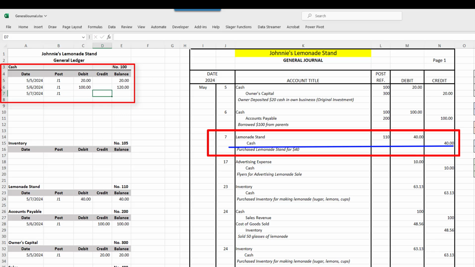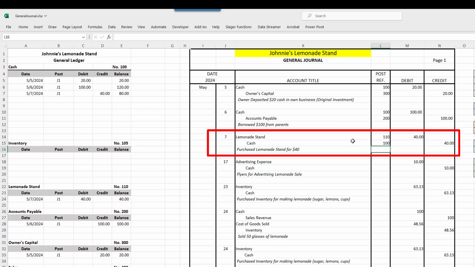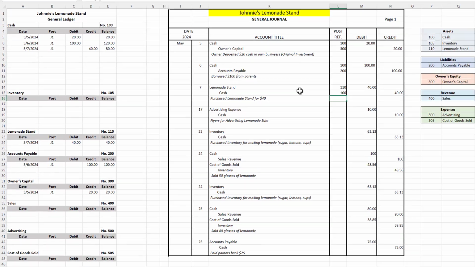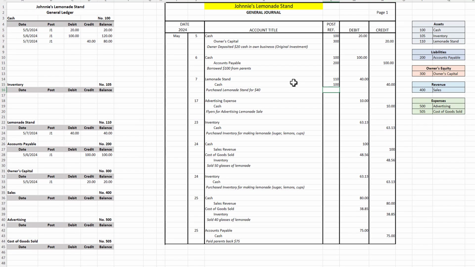I will enter the transaction date, J1 in the post column and $40 in the credit column. The credit amount is subtracted from the current balance, and the new balance is $80. I will enter 100 in the post-reference column of the general journal. There will not be any more audio for the rest of this section.